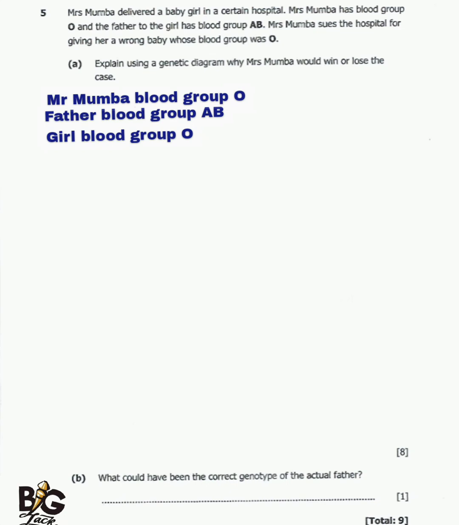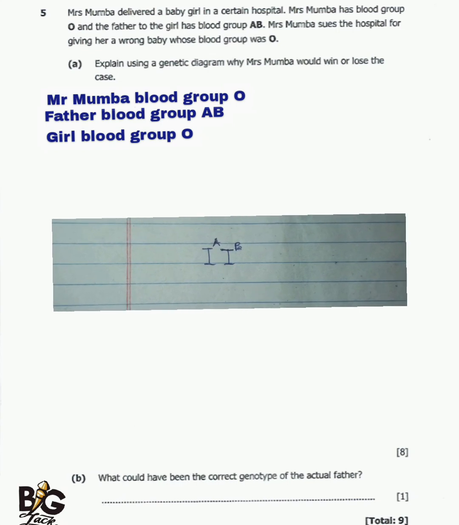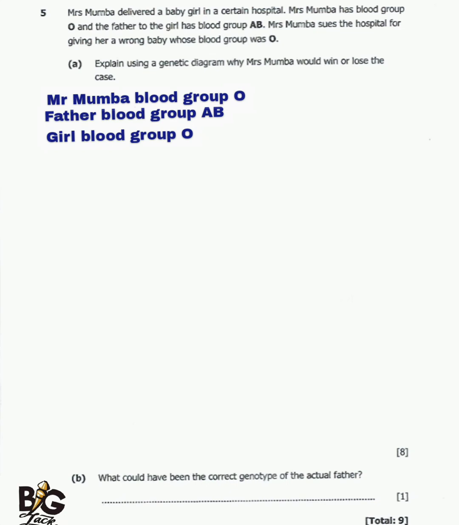So if we are to write the alleles, we say capital letter I to the power capital letter A, then capital letter I to the power capital letter B. That is blood group AB.